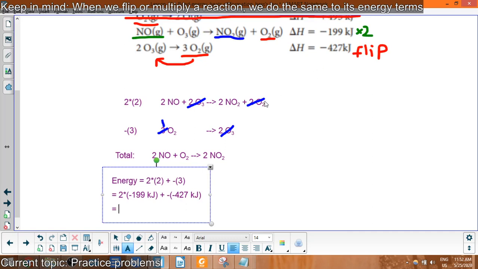Let's work our way through our brackets. 2 times minus 199 is minus 398 kilojoules. And then plus minus is just minus, so minus 427 kilojoules.